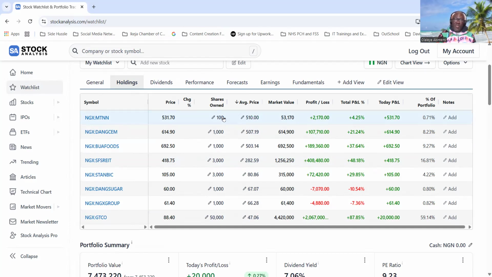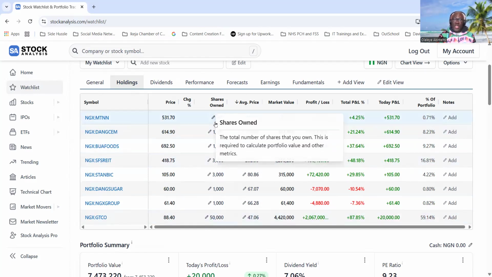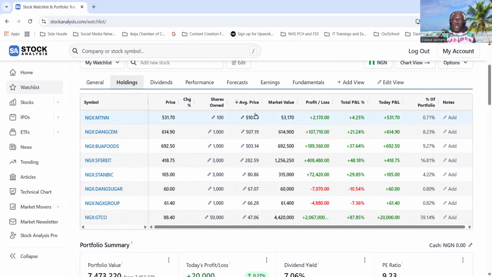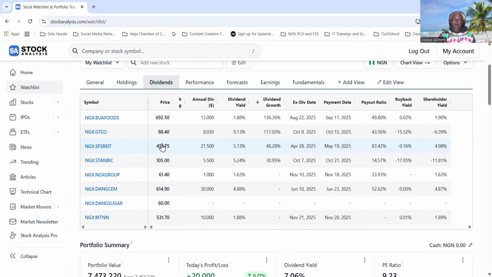At any point, if anything changes with your stock, maybe you buy more or you sell some of them, you can easily come here and change this figure under shares owned. You also need to change the average price. And everything else is done for you: the market value, the profit and loss, the total profit and loss.